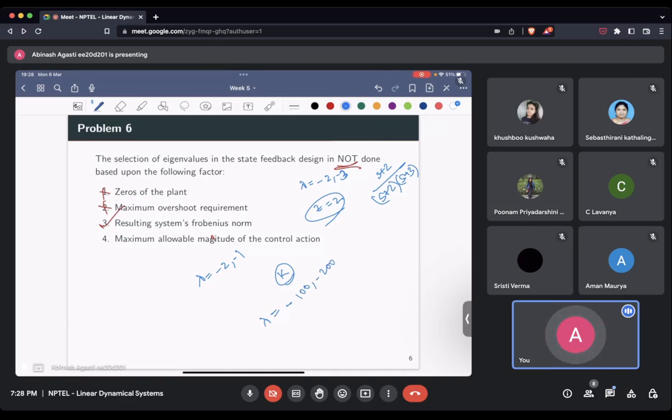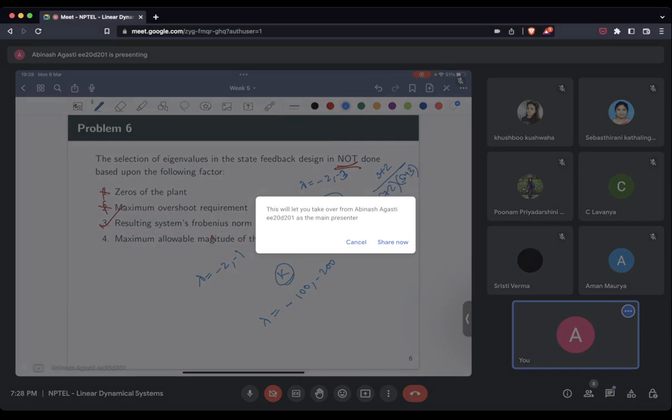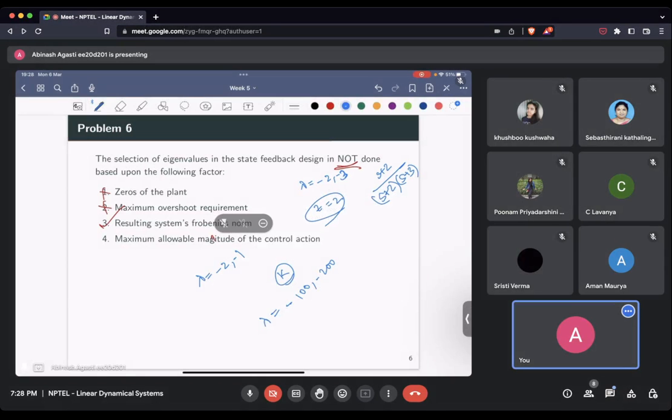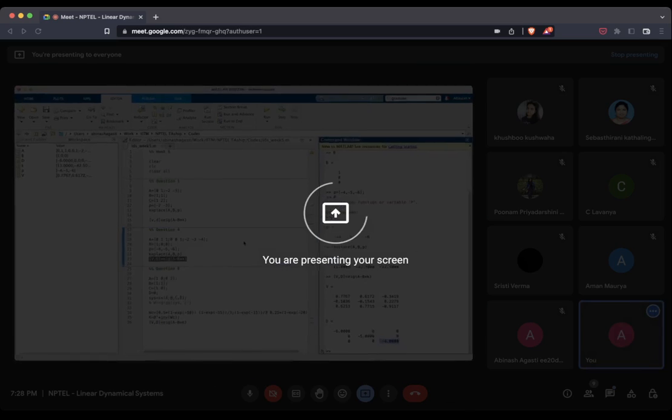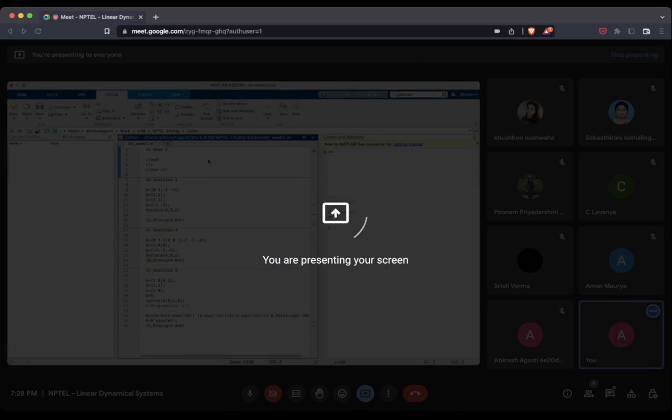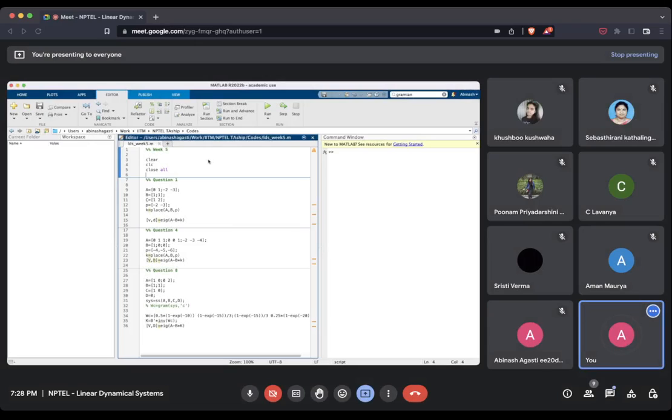Let us take a very simple example in MATLAB. My MATLAB screen is visible, right? Let us take a system in the controllable canonical form.